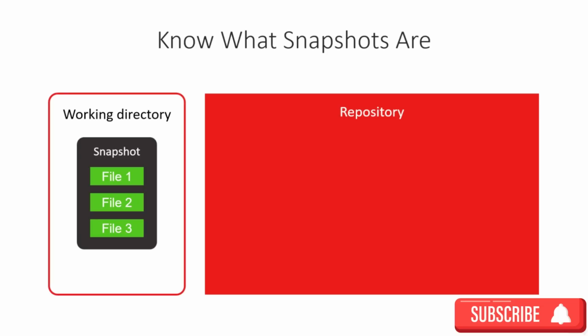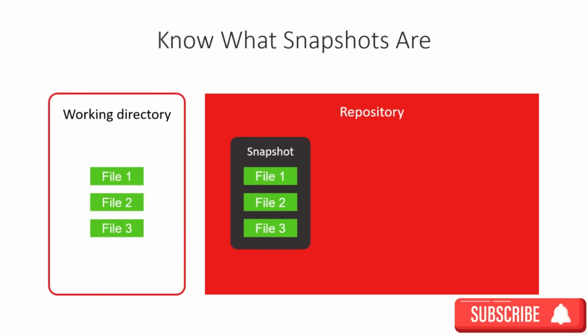This means that Git records the current state of your files, and this is what the word snapshot actually describes. Then Git stores that snapshot in the repository. There, the main branch will point now to this snapshot, respectively to this commit.